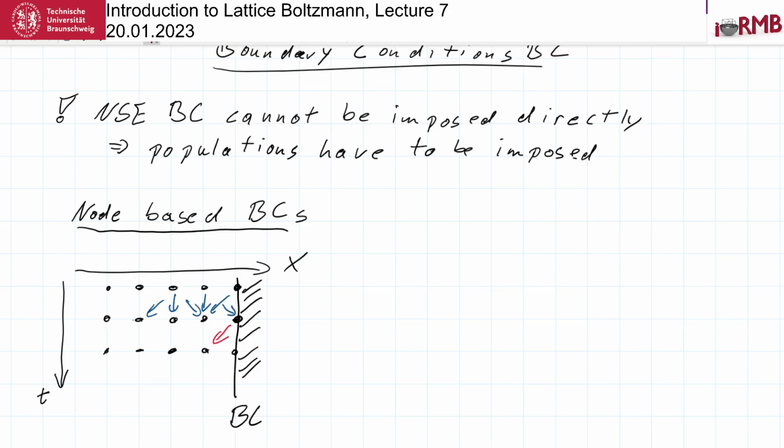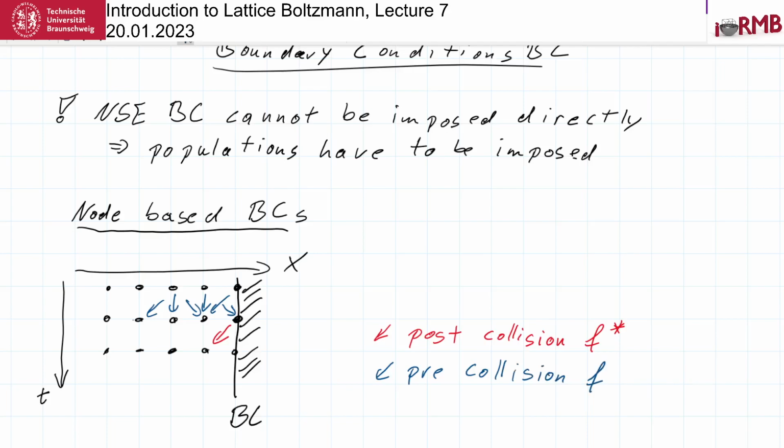So say this is post-collision. So post-collision is always F star, right? And we have pre-collision, which we call F.